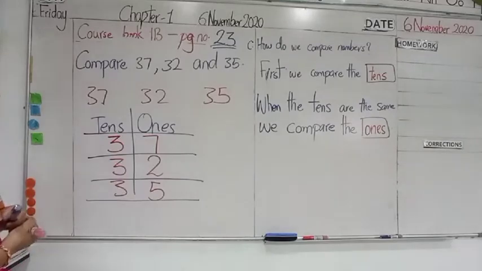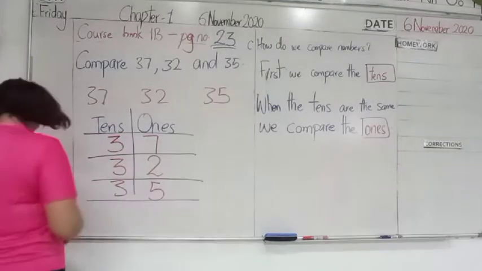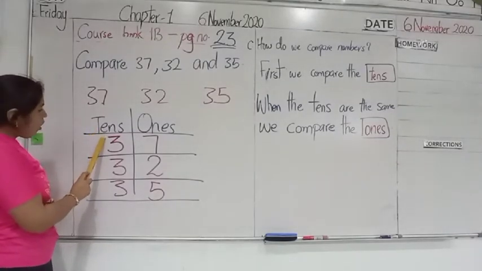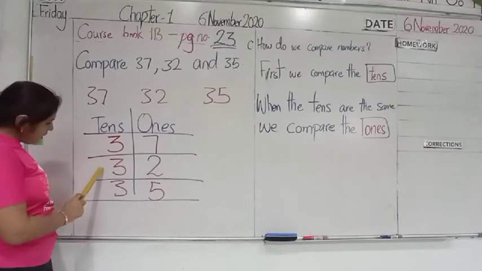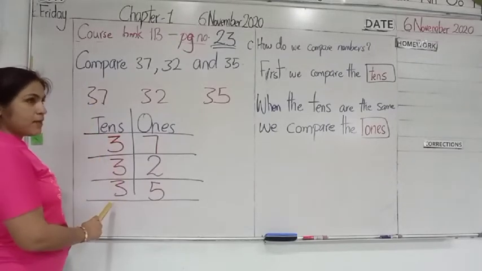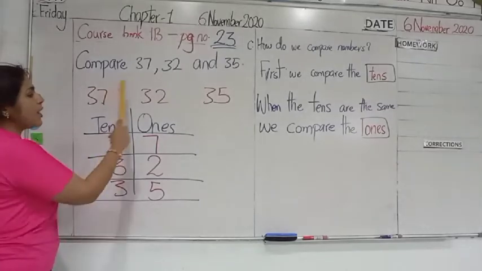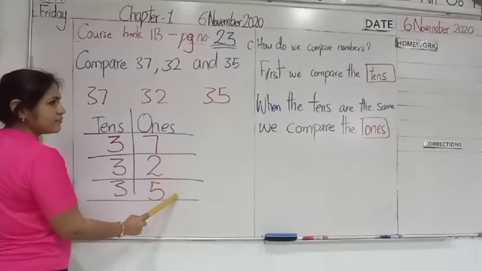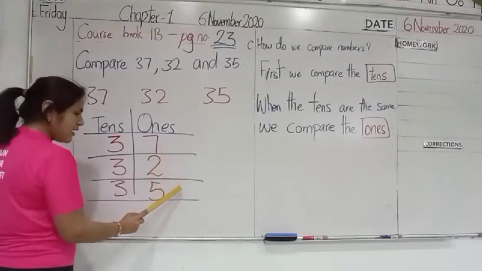Now I'm going to compare. If you look here carefully, the numbers in the tens place of all three numbers are the same. So we will have to jump to the ones place to compare, because here I see different numbers: 7, 2 and 5.